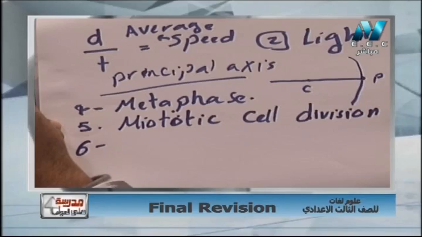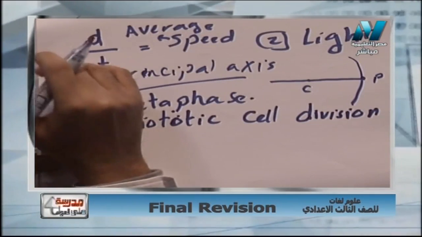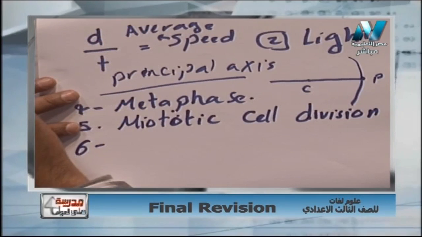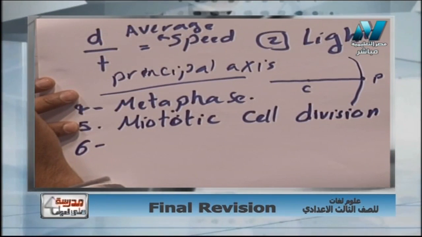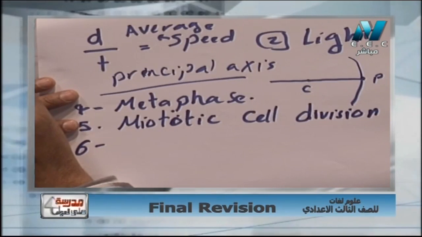Number seven, a vision defect. Not a disease, my dear students. We have two types of vision defects. We have one type of vision disease, it's cataract. But vision defect opens the door for two answers: number one, long-sightedness, number two, short-sightedness. The defect results due to a decrease.